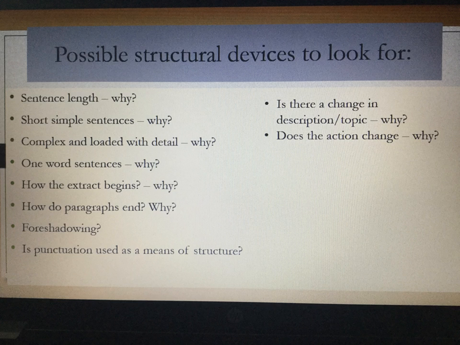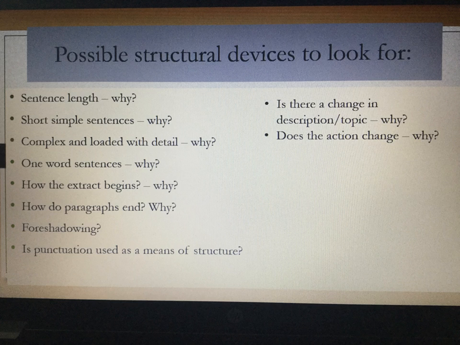Foreshadowing is another device. Now that's a little bit tricky because sometimes we have to have read whole sections of novels and whole chapters and whole books to understand foreshadowing. But again, if we're talking about explicit and implicit meanings, then we are looking beyond the text. So are there any lines that could potentially foreshadow something?